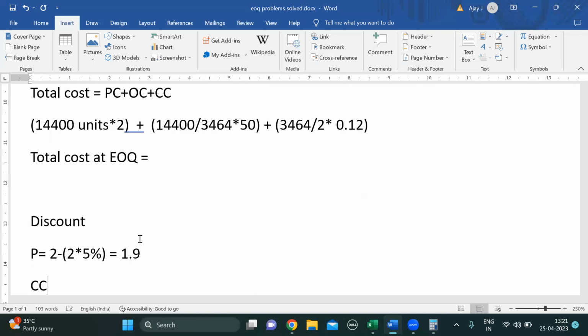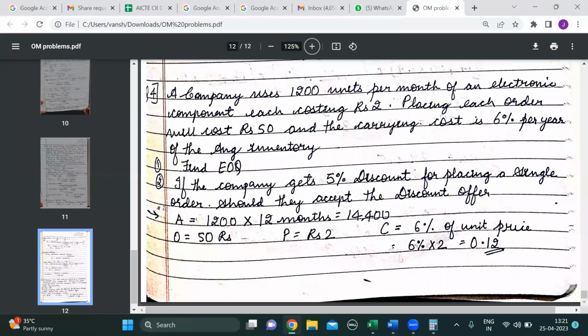Then your carrying cost will change because carrying cost is on the price. So on 1.9, we have to see carrying cost is how much percentage? 6%.